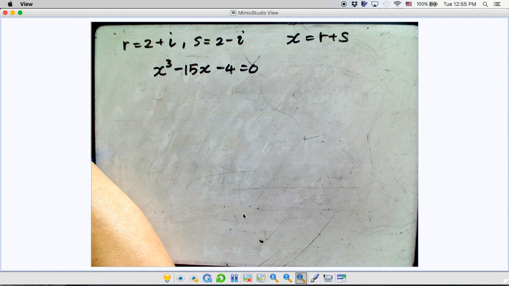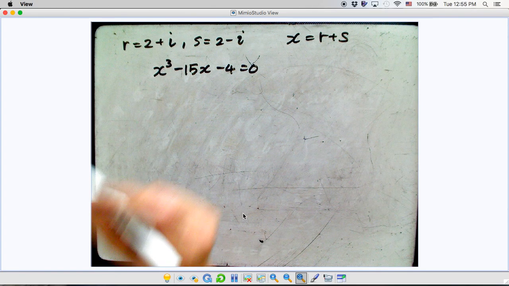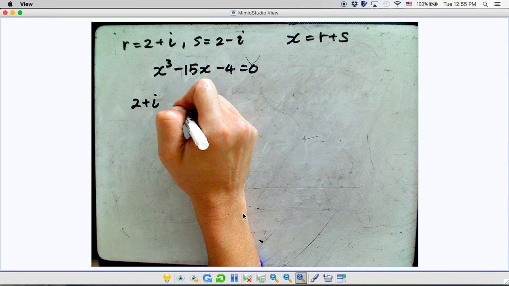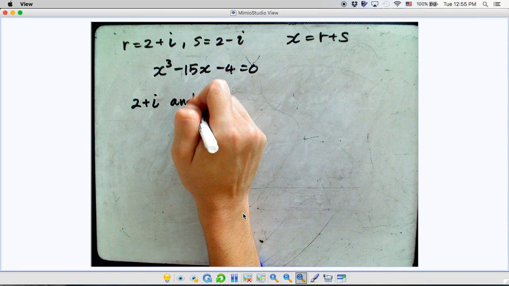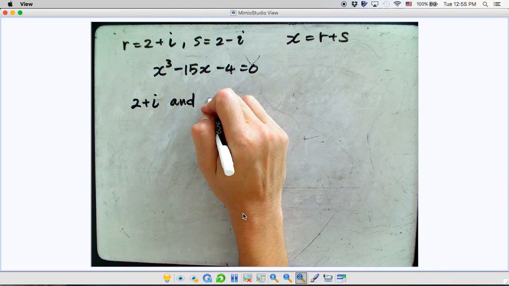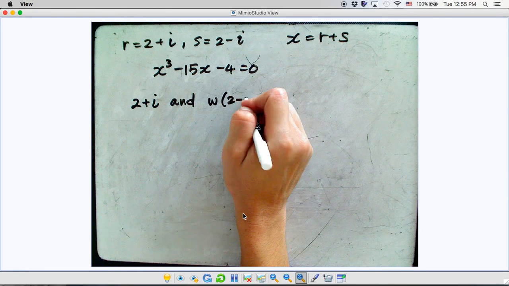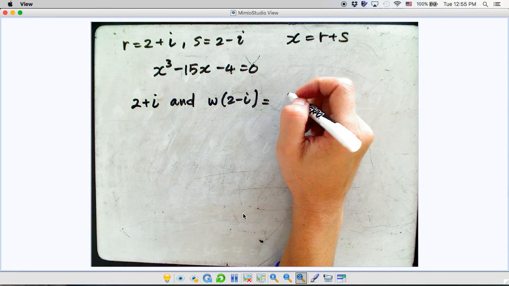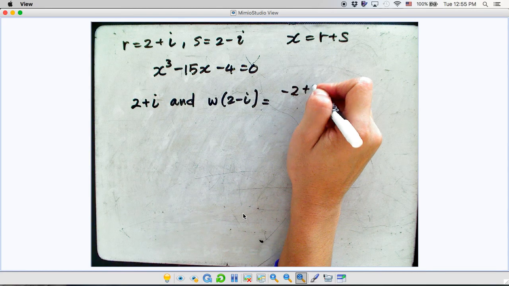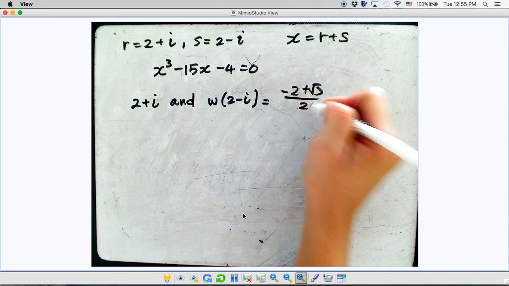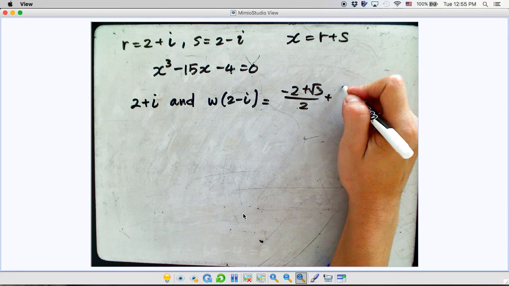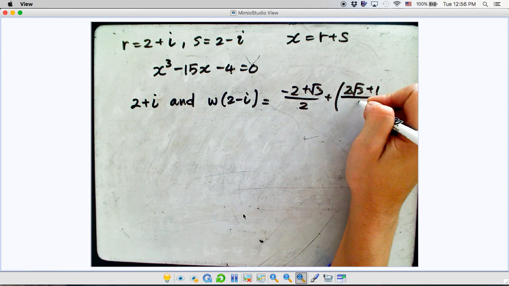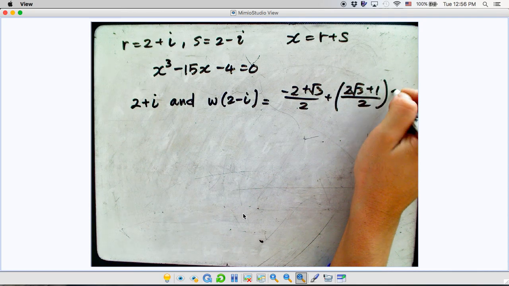So what are the other combinations? I'm going to try the combination of 2 plus i and w times 2 minus i, which equals negative 2 plus square root of 3 over 2, plus 2 square root of 3 plus 1 all over 2 times i.